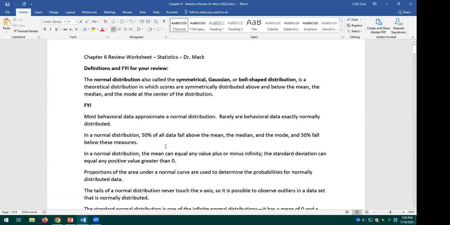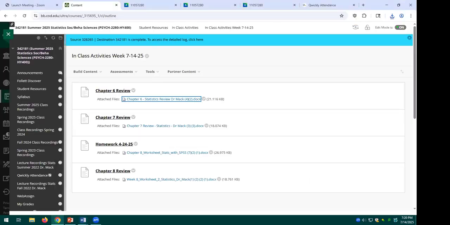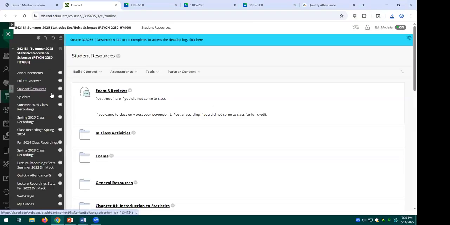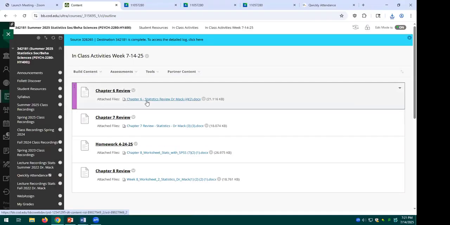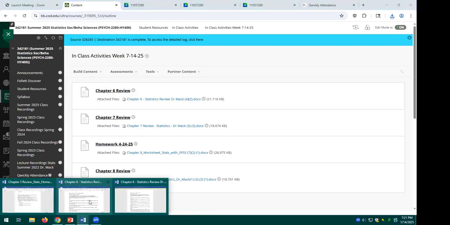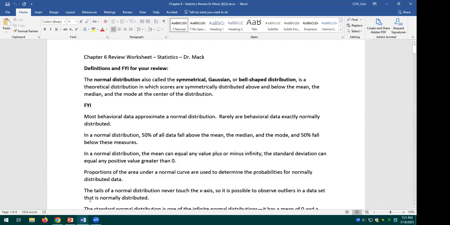I can come around if you'd like, or I can show it to you again. Student resources, in-class activities. At the top, you should be able to see the folder with today's date on it. We're just working on the chapter 6 review. That's it. And that looks like this. Does that make sense? You find it okay? Yeah.